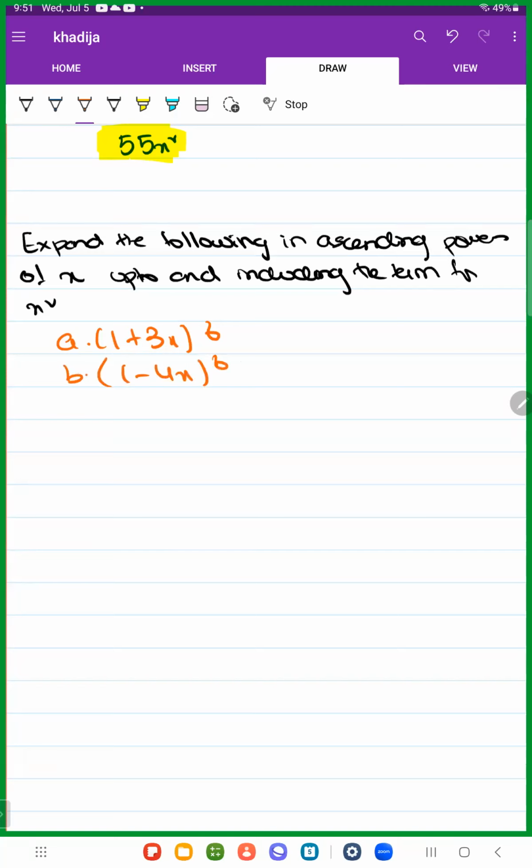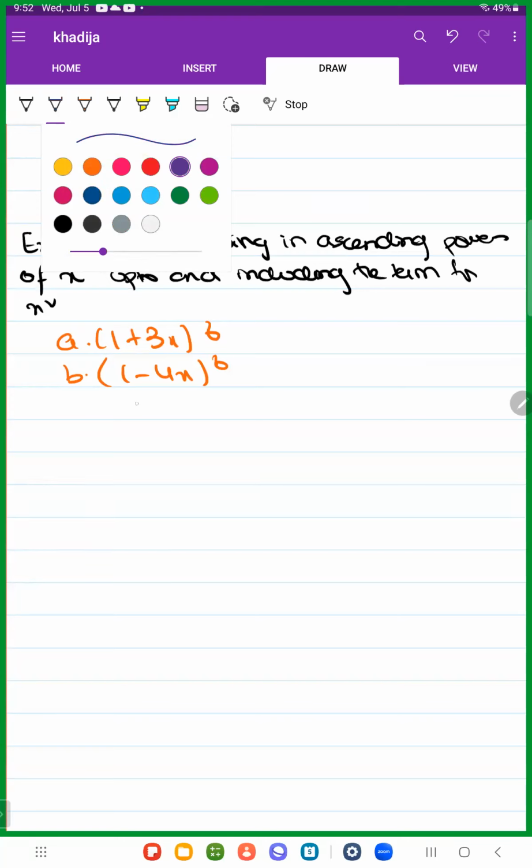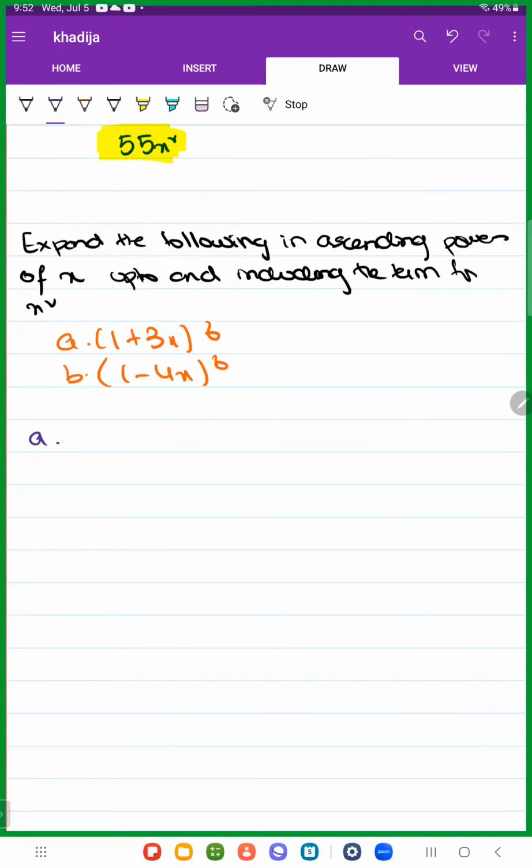Give me the answers for both of these. So we need to find x^0, x^1, and x^2 for the first one, and x^0, x^1, x^2 for the second.